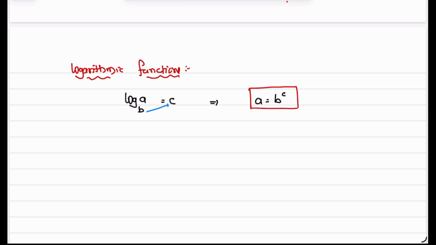When a is equal to b to the power of c, then when logarithm is taken, this implies, by taking logs on both sides, log a is equal to c into log b. Do you agree?